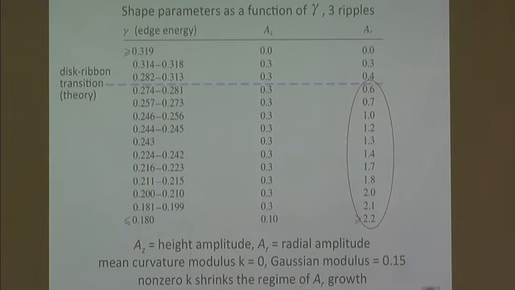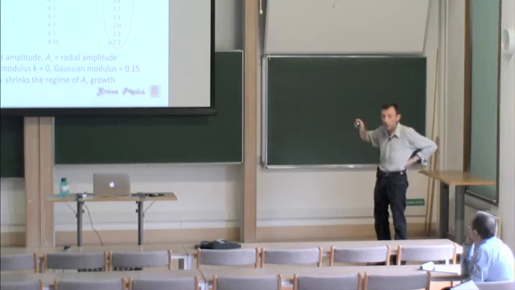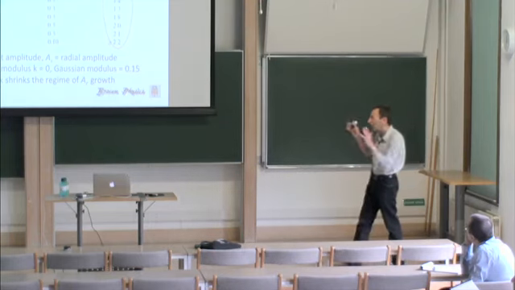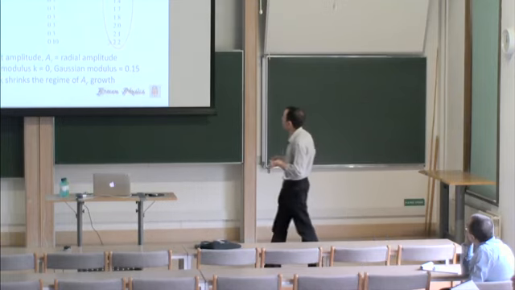And to make sense of that number 0.3, remember this is in units of the twist penetration depth, which is a half a micron. So this is 0.3 of a half a micron. It is too small for them to measure. And so if experimentally they say the disks appear flat, it's actually consistent with this result.